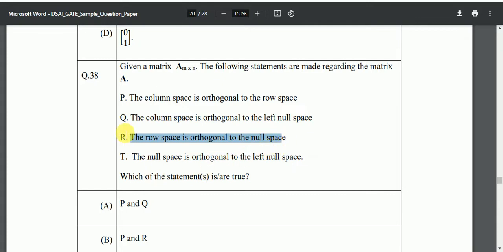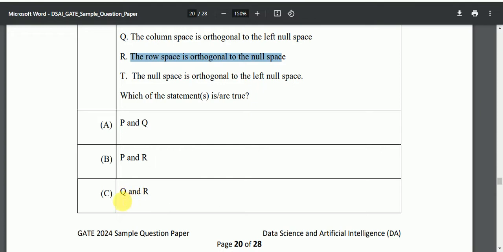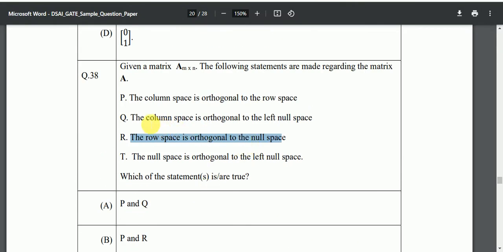So Q and R is the correct answer. So according to that, option C is the correct answer. Now let's take an example and visualize how the column space is orthogonal to the left null space and how the row space is orthogonal to the null space.